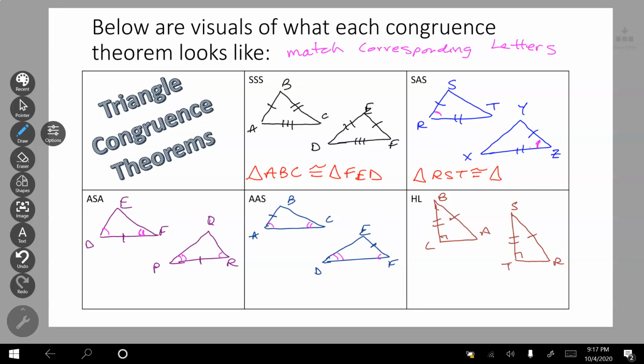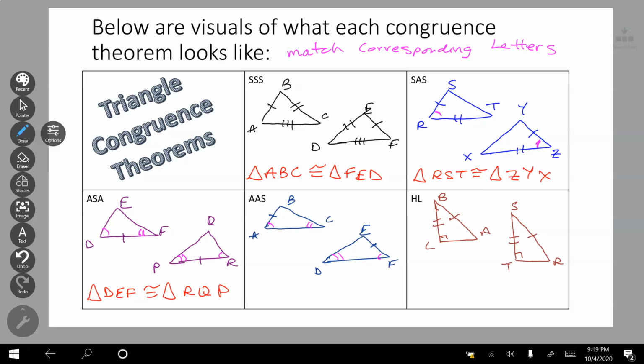Well, R has the arc on it, so it's going to be angle Z up to Y and then to X. Same thing over here, triangle DEF is congruent to, well, D has 1 arc on it, so that's triangle R. E's at the top, that's Q. The next one is P.